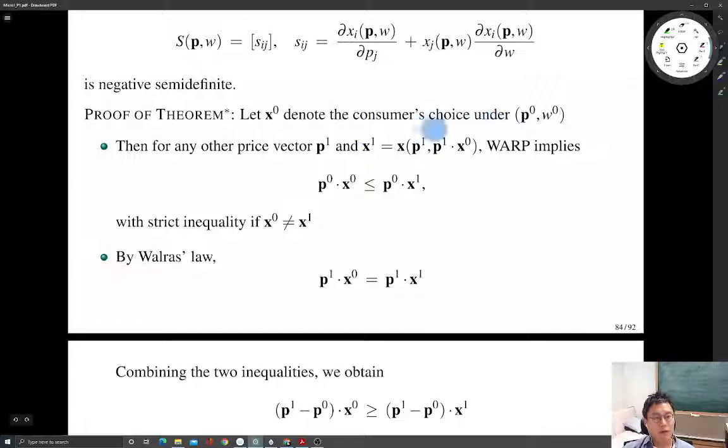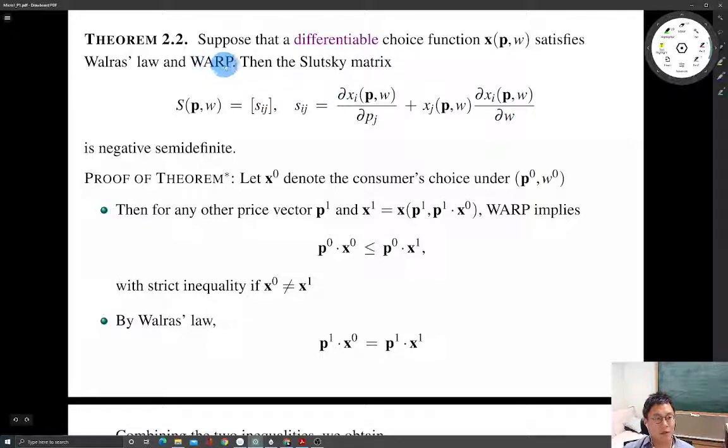we need two different budget sets in order to make use of this WARP. X0 stands for the consumer's choice under this budget constraint, so X0 is x of P0 and W0.